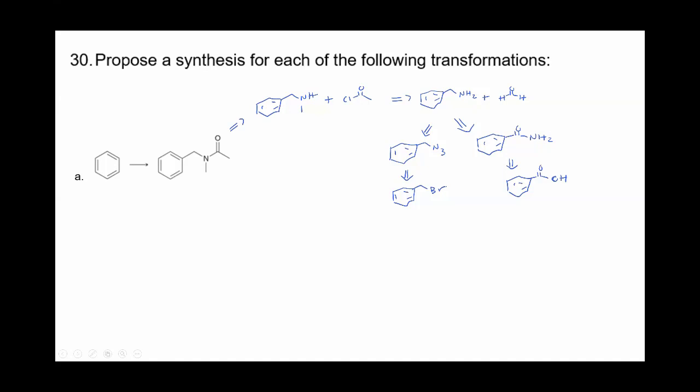All right, so if we did one forward synthesis, let's go with the carboxylic acid route. So you can do Friedel-Crafts and just add the methyl group and then KMnO4.